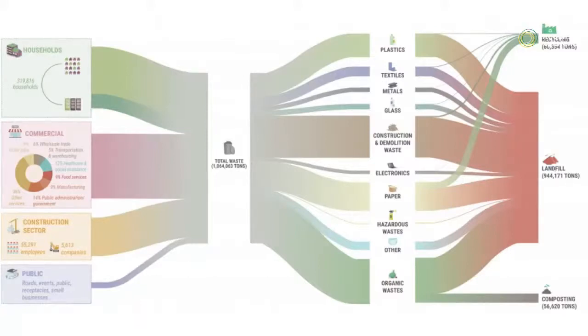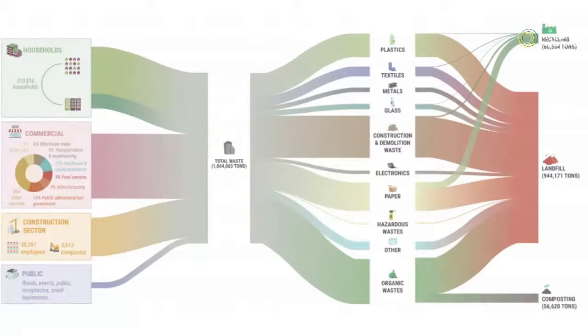And so let's take this journey together, moving from left to right. As you can see from these four streams appearing on your screen, we have a total waste, and I have to move closer to the screen here, of 1,064,063 tons. That's a lot.